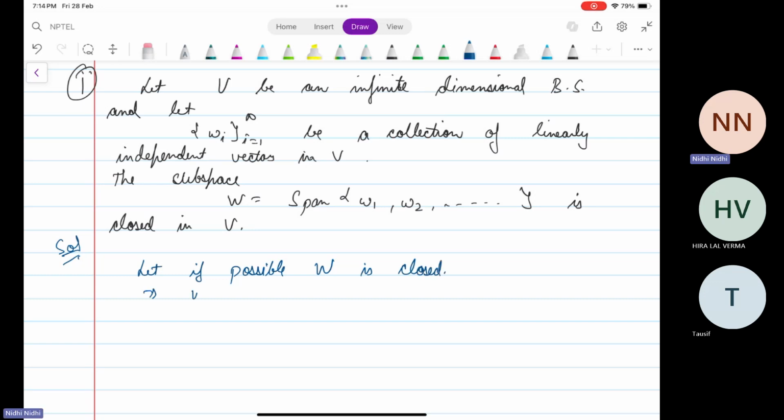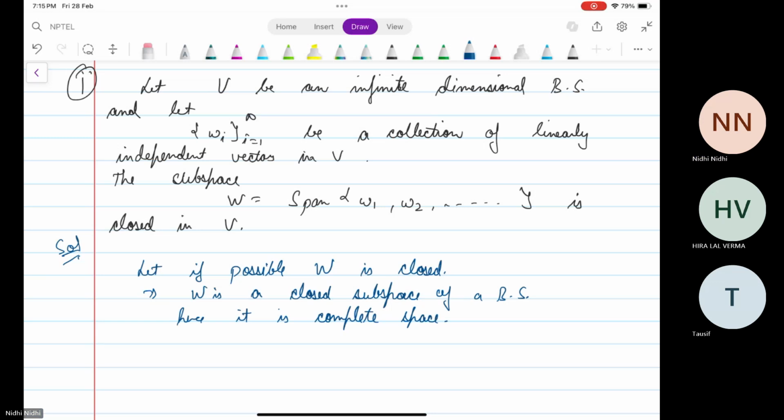This implies W is a closed subspace of a Banach space. Hence, it is a complete space in itself.